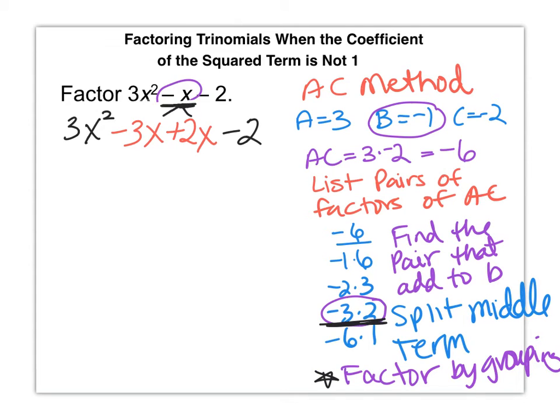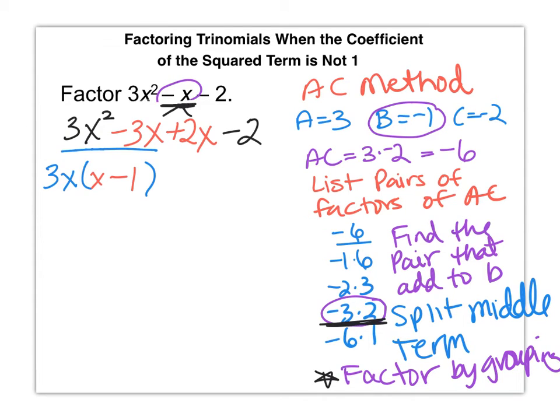And then our last term, we split up that middle term into those two terms, and then we factor by grouping. Looking at the first group, we see that the greatest common factor of the first two terms is 3x. If you factor a 3x out of the first term, what you have left is x. If you factor a 3x out of this minus 3x, you're dividing it out to get minus 1, because negative 3 divided by 3 is negative 1.